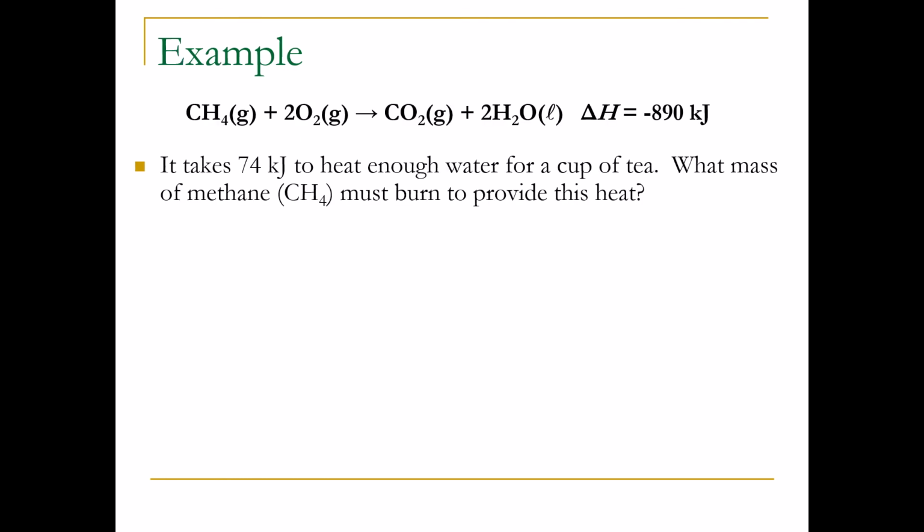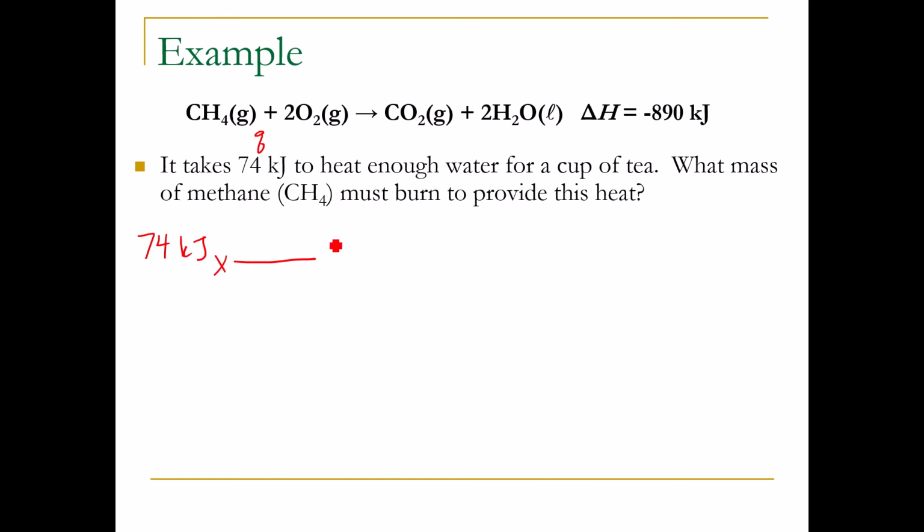Let's try another one. So we have our thermochemical equation, we have delta H. If we know we need 74 kilojoules of heat to heat up our cup of tea, how much methane should we burn to get this? Alright, so this time we know the Q, and we're looking for the amount. So we're going to start with 74 kilojoules.